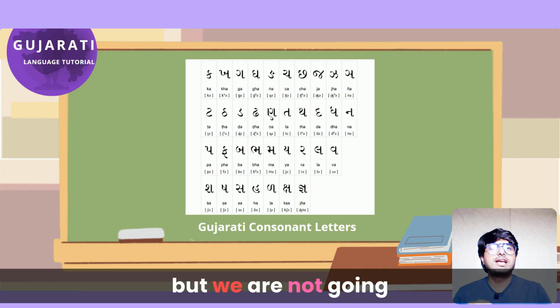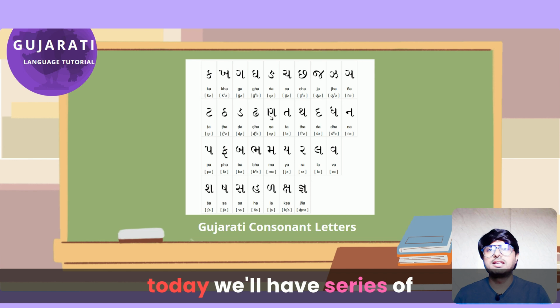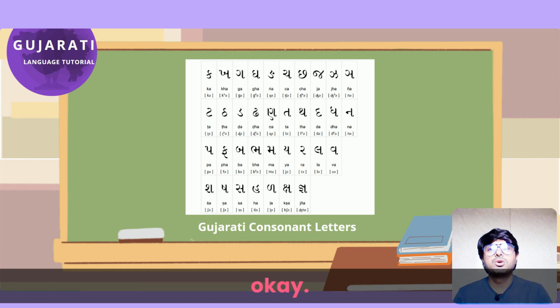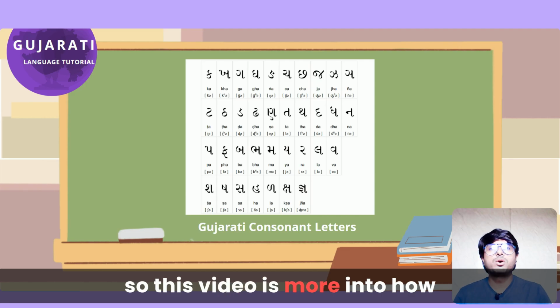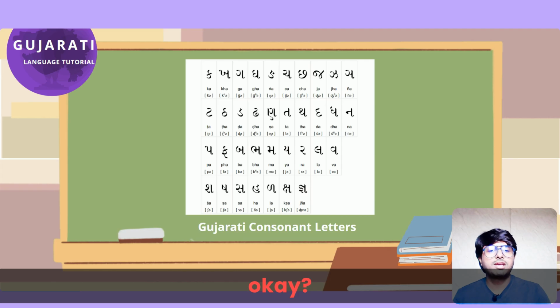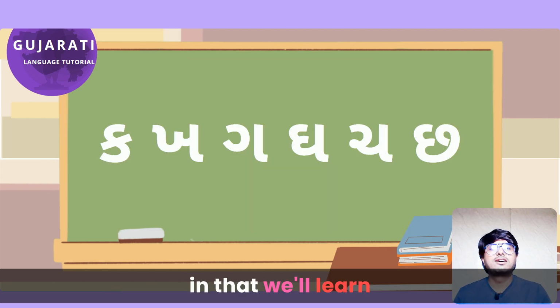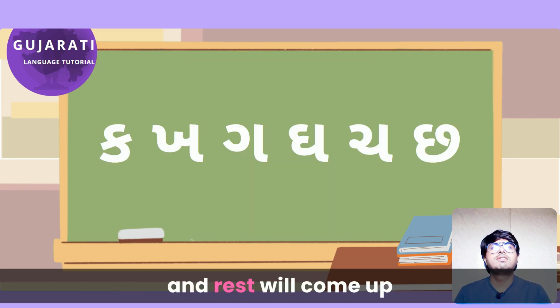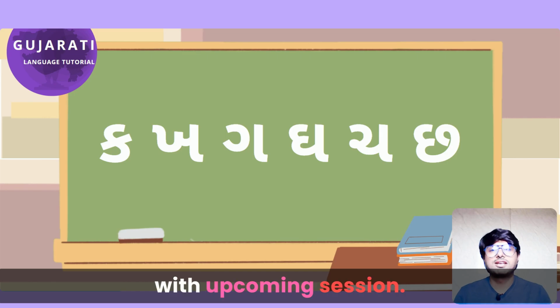But we are not going to learn everything today. We'll have a series of complete Gujarati writing. So this video is more about how to write the Gujarati alphabet. We'll learn six alphabets today and the rest will come in upcoming sessions.